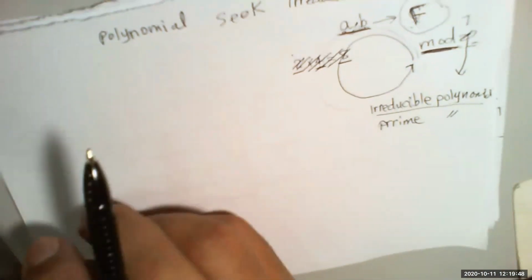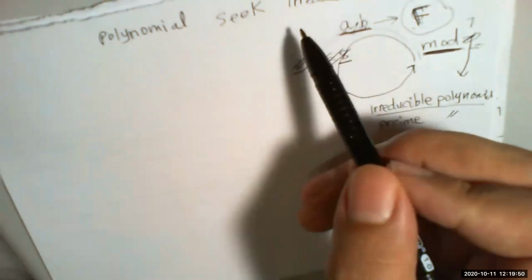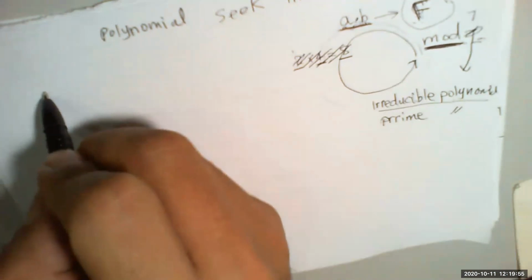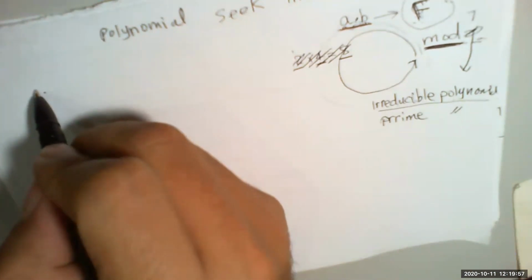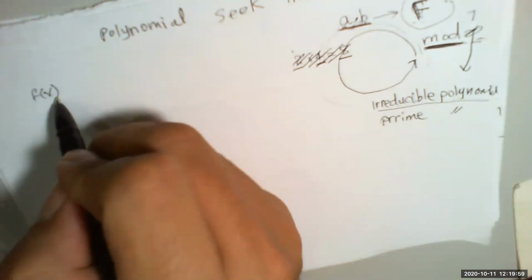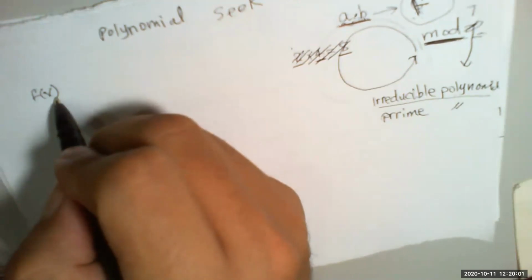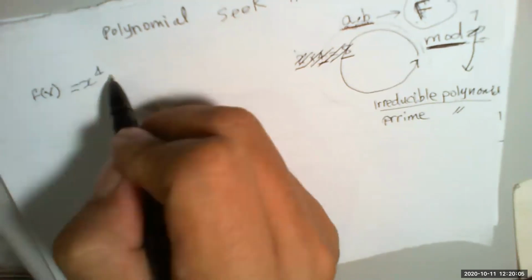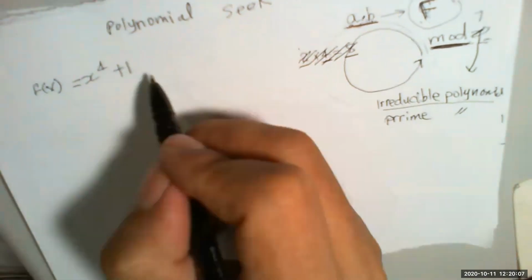Okay, so let me search for this irreducible polynomial. For example, I can say that f of x equals x to the power 4 plus 1. Let me check the previous example.